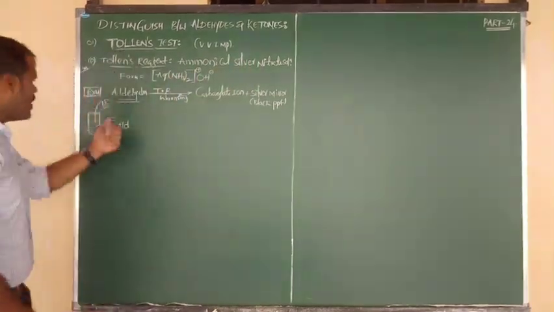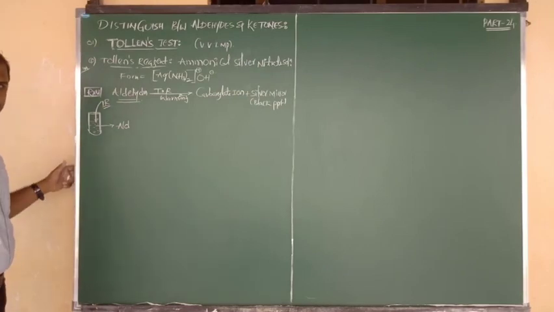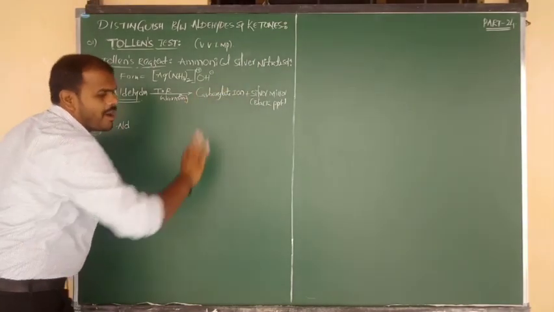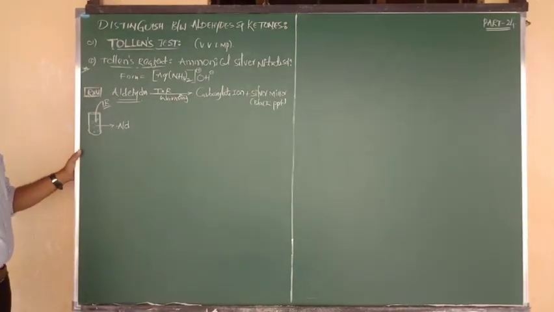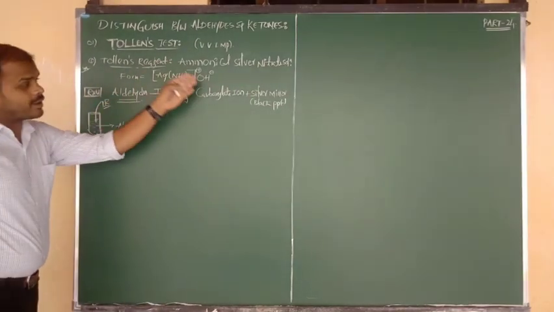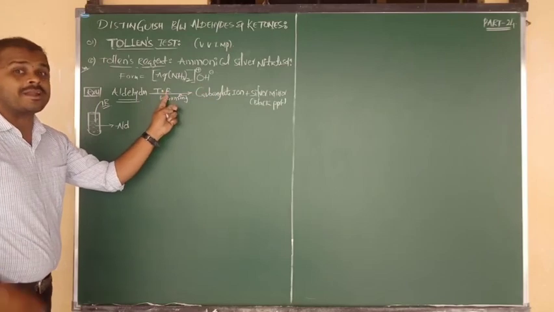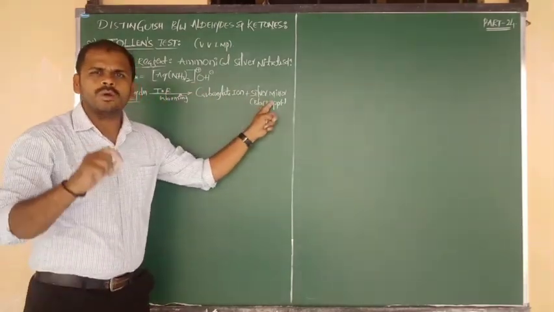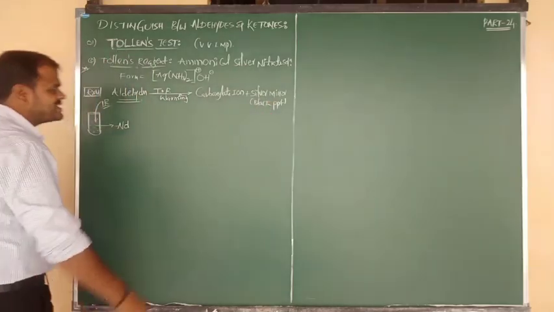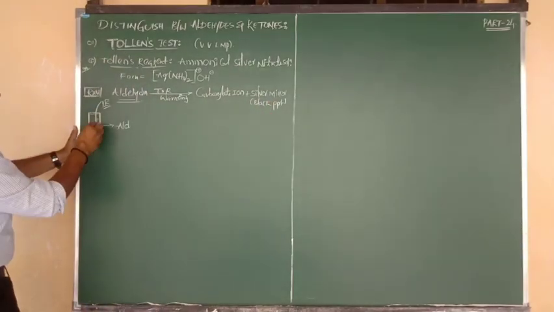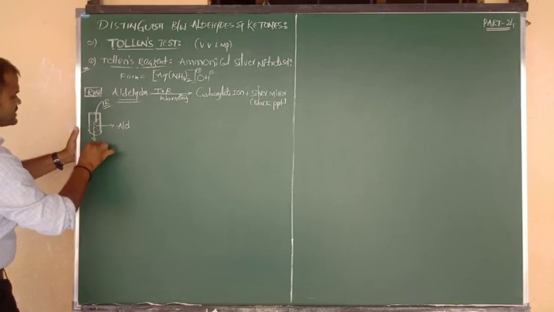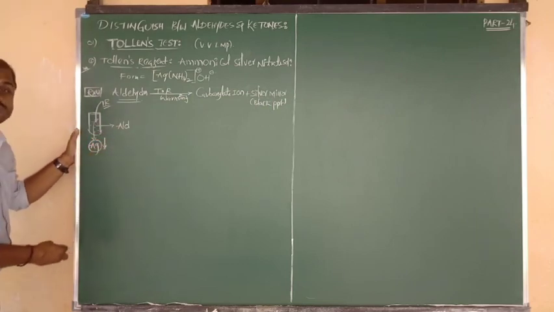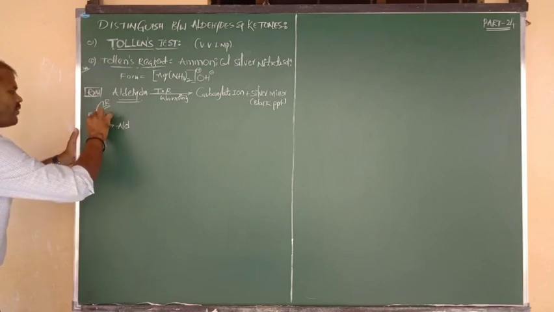After addition, aldehydes are oxidized into the carboxylate ion. Aldehydes undergo oxidation, but Tollens reagent undergoes reduction. Tollens reagent reduces into the silver mirror, meaning the entire Tollens reagent is converted into silver metal. Such silver metal gets deposited on the walls of the test tube.